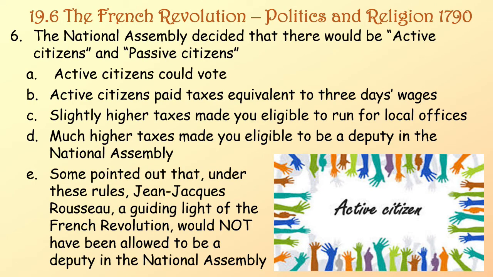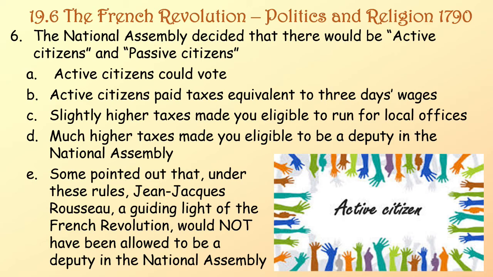The National Assembly decided that there would be, quote, active citizens and, quote, passive citizens. And active citizens could vote. Active citizens paid taxes equivalent to 3 days' wages. Slightly higher taxes made you eligible to run for local offices, and much higher taxes made you eligible to be a deputy in the National Assembly.